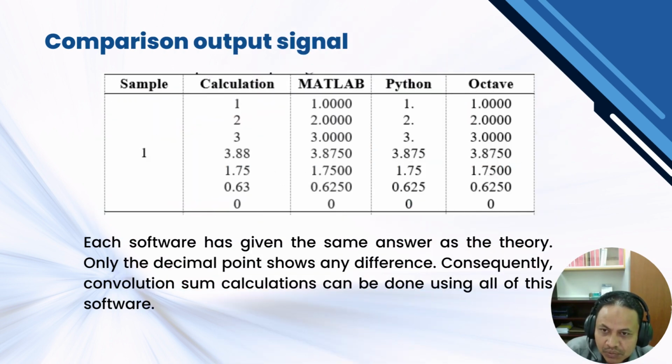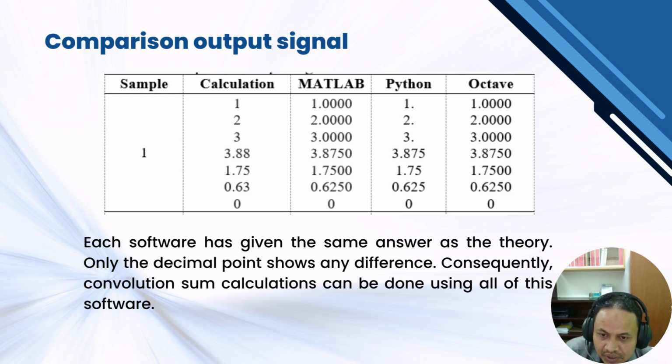Now I will present the comparison of the output signal for sample 1. We have four calculation methods. We use the formula in the theory and the software MATLAB, Python, Octave. We get results from the software.